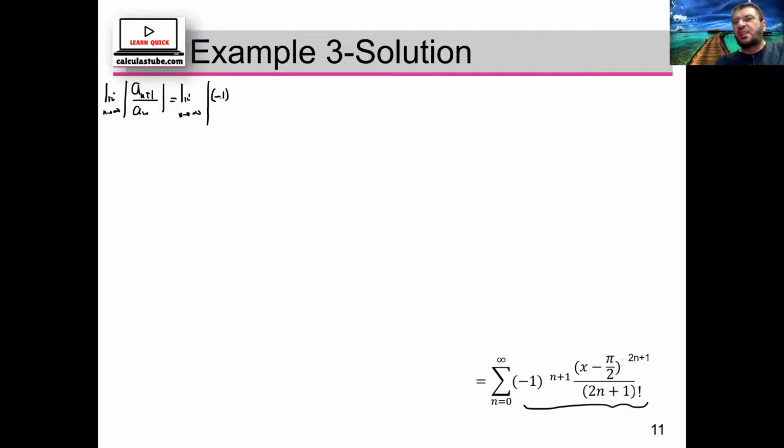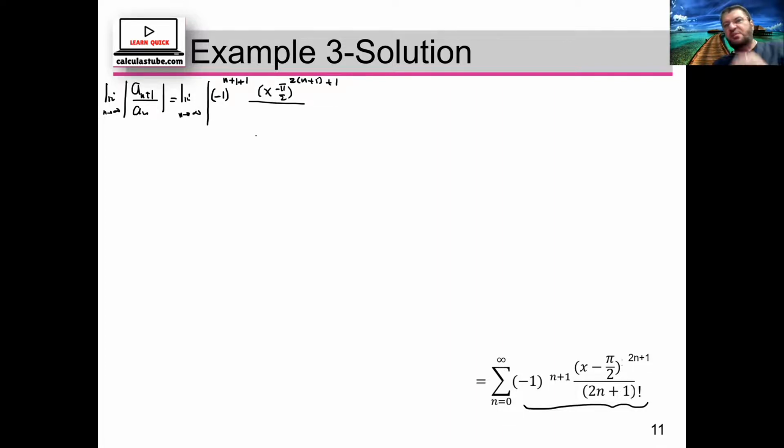Minus 1 to the n plus 1. So I'm going to replace this one with n plus 1. Plus 1 is going to be n plus 2. Then times x minus pi over 2 to the 2, then n plus 1 plus 1.